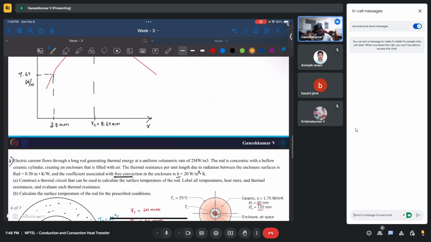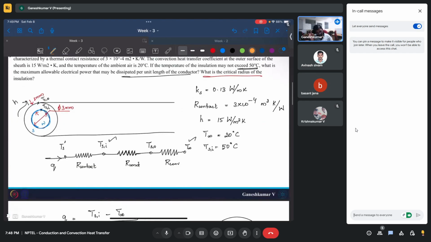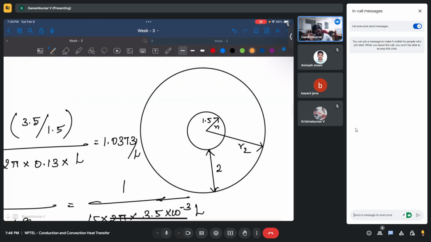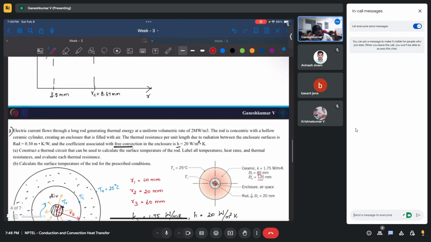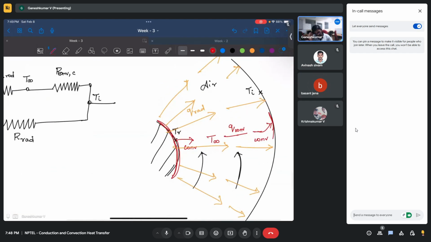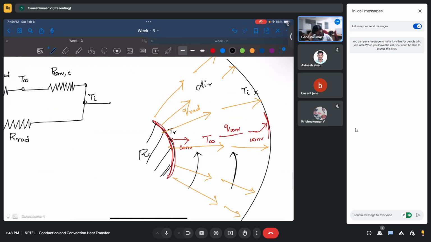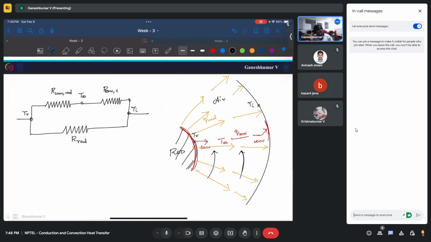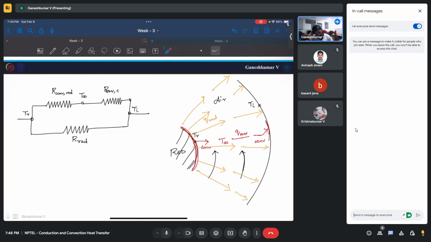In our previous problem, we had only one pathway. From here we had only Q conduction going out. There was no convection, there was no radiation crossing this surface. But in this problem, especially in this rod, there is one Q radiation going and there is Q convection going.